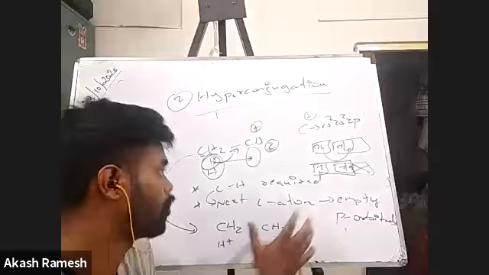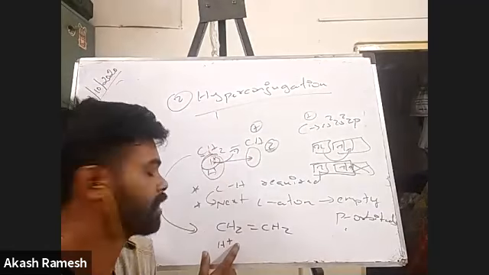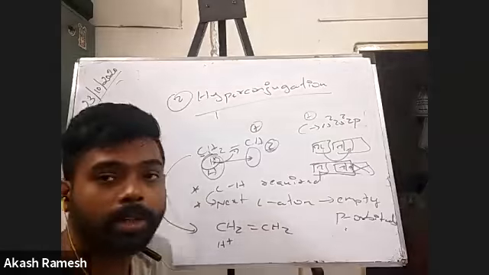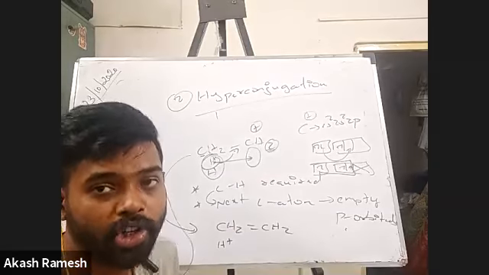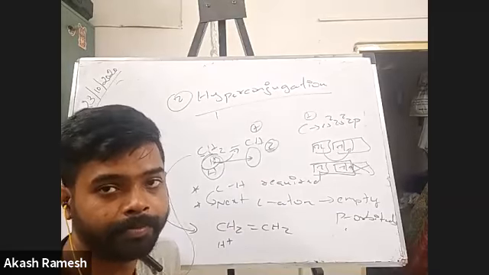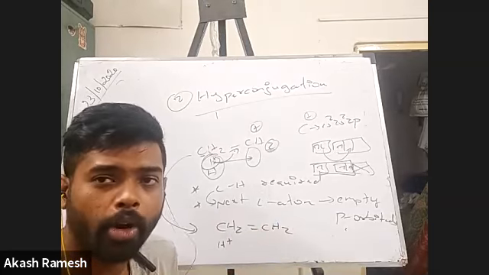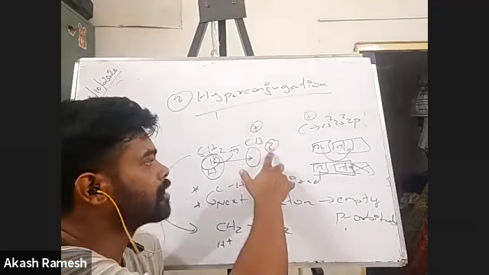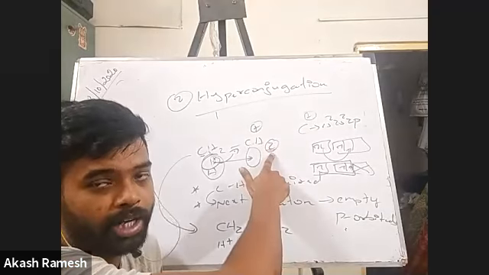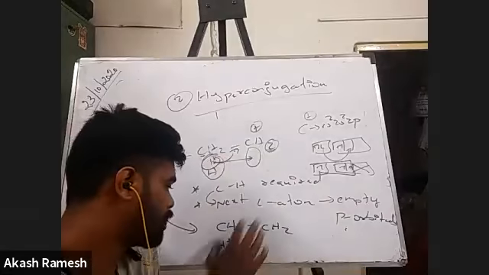What we wrote from this is what is called my hyperconjugating structure. Obviously, you bring in stability. How? This was a charged species; I had a positive charge. Now the positive charge is not there.